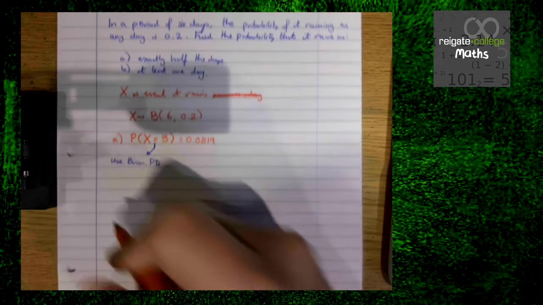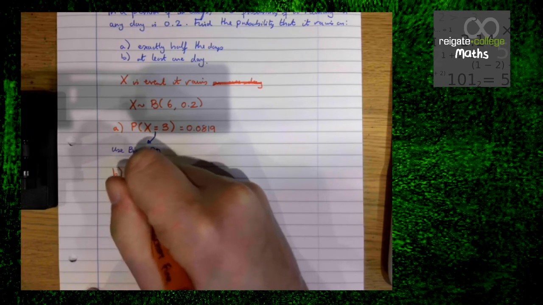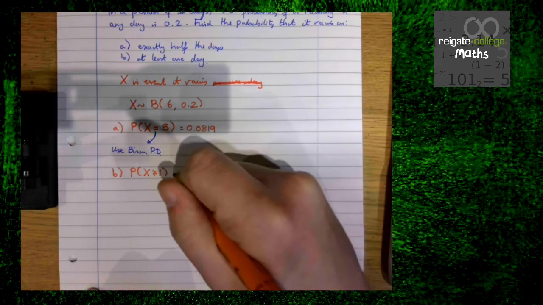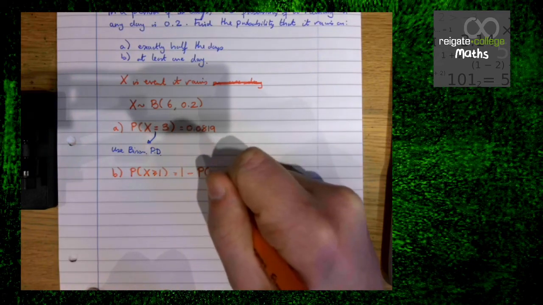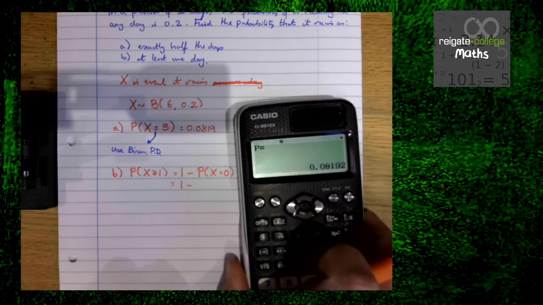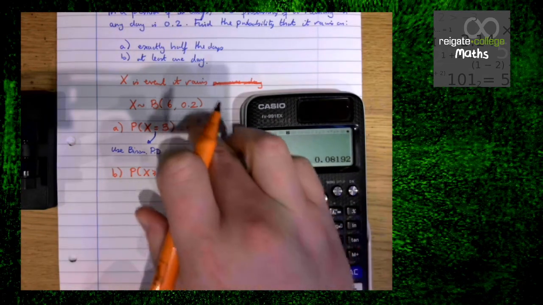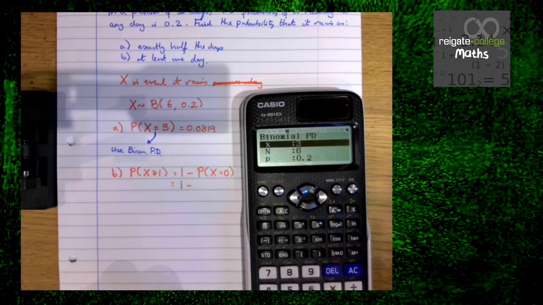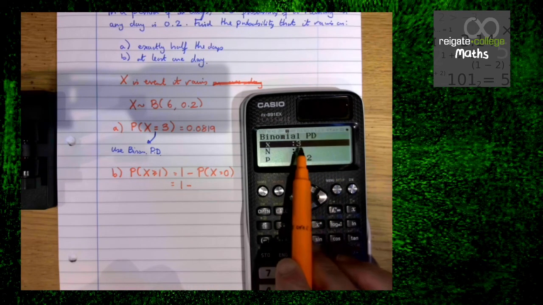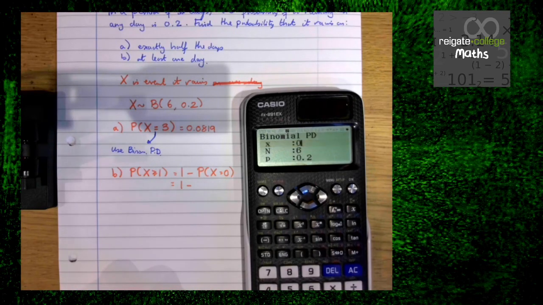Now again, part B. Like the previous example, we're doing x is greater than or equal to 1. Which, like the previous example, is 1 minus the probability of x equals 0. So let's use our calculator again. Now we've already got all this information stored. So if we press equals, it just goes back to this. We're keeping the distribution the same and just changing the x value.